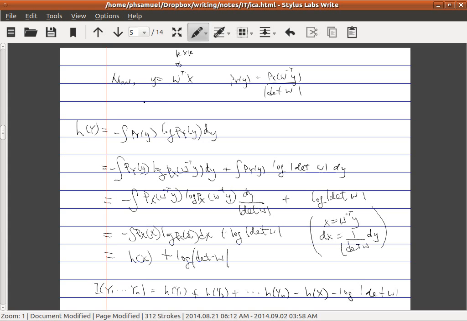For that, we need to know the PDF of y, and the PDF of y can be written as the PDF of x over the absolute value of the determinant of W.